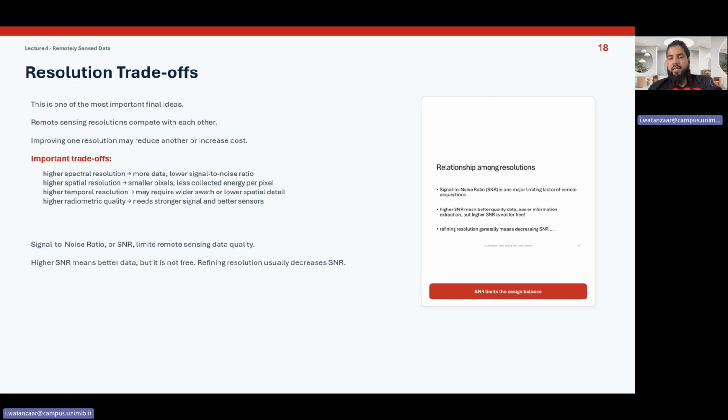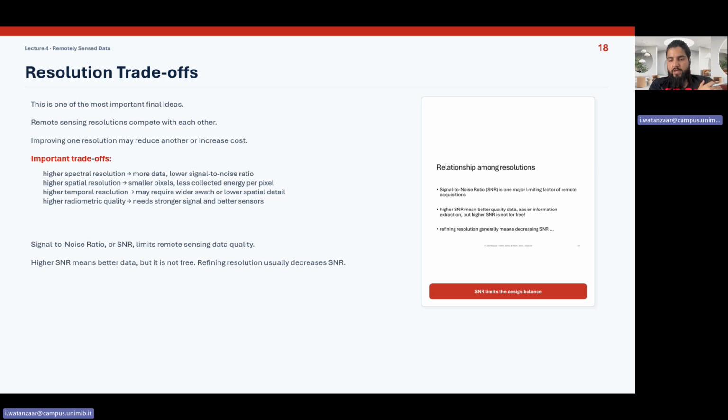If we are looking for higher spectral resolution, we will definitely have a higher amount of data, in petabytes, but a lower signal to noise ratio, SNR. The lower the signal to noise ratio means the weaker the signal captured.